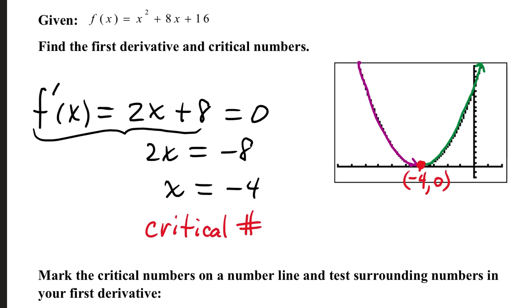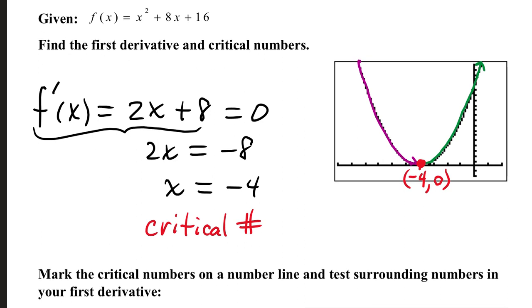So if we put -4 into the original function and calculate, we'll actually get 0 as our answer. So that tells us this is a relative minimum at the point -4, and your x-coordinate will always match your critical number. The y-coordinate will come from the original function once you've substituted the critical number into it.